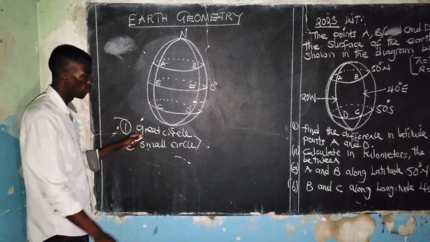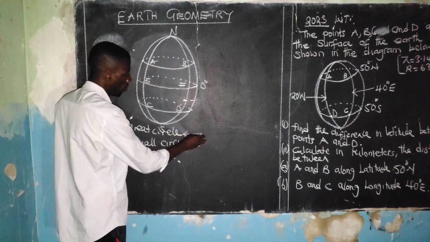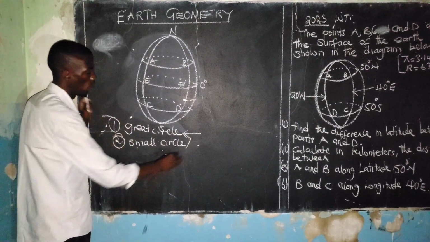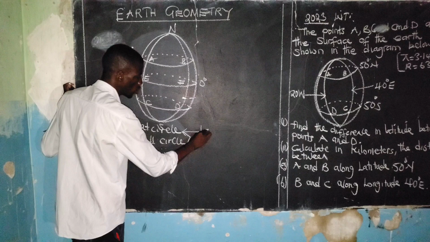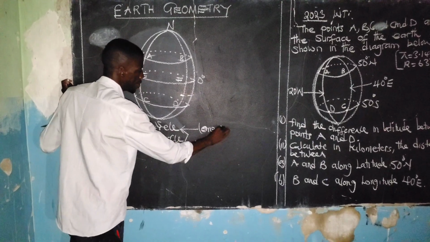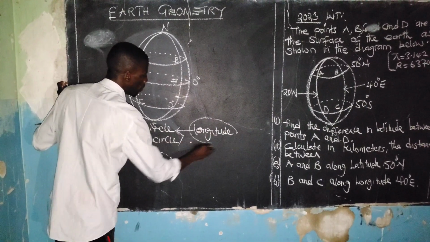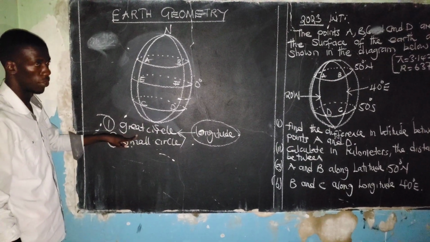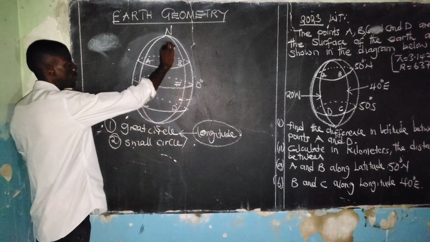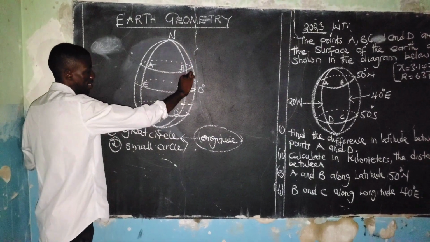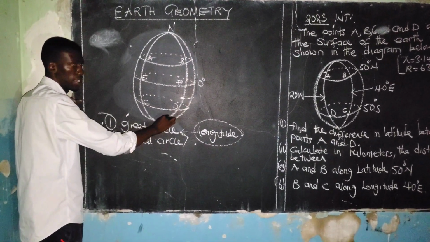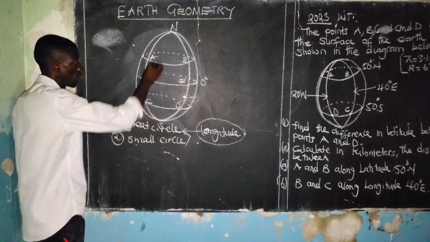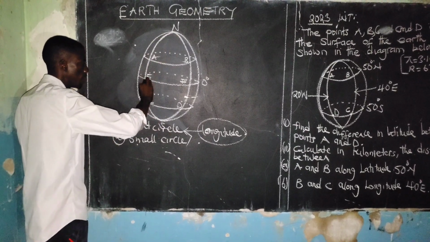So a great circle, all points that fall along the same longitude. Okay? Points that fall on the same longitude are in a great circle. So when you look at this, we have this longitude there, we have this longitude here.